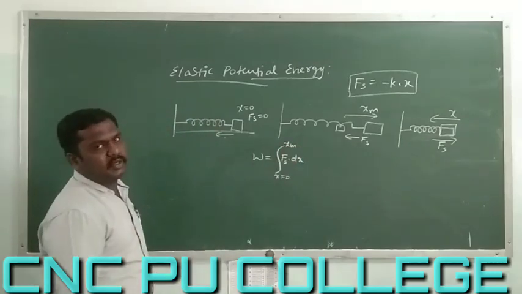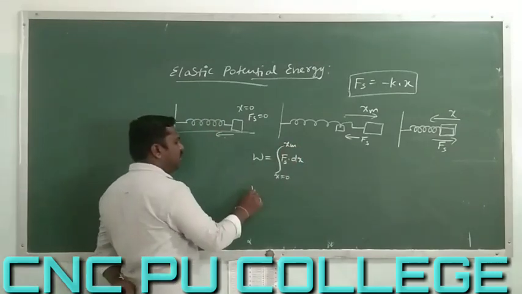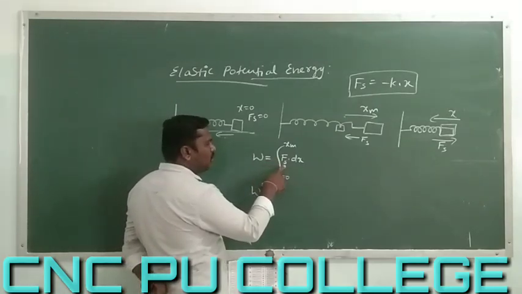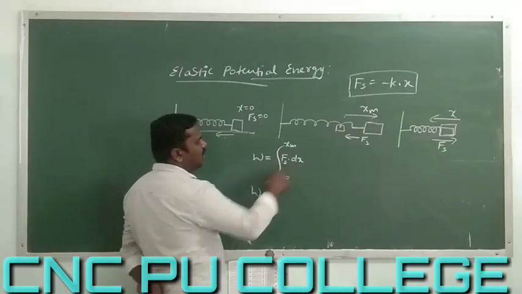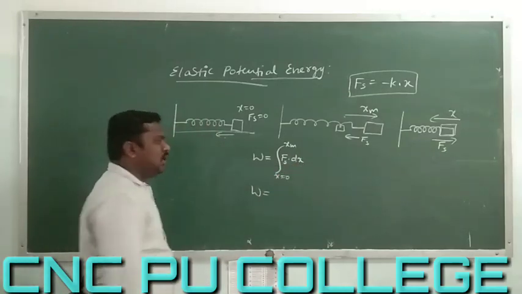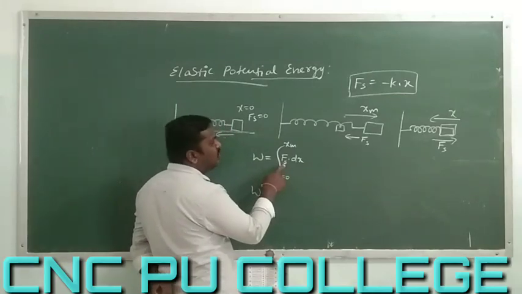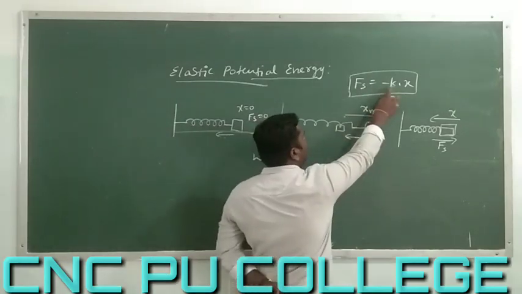maximum displacement. So now W is equal to, the variable here is dx, and for the spring force we have the expression. The spring force is given by Fs is equal to minus k into x.